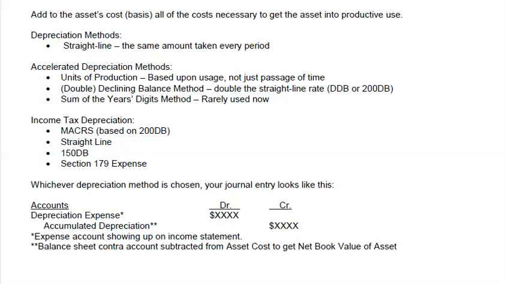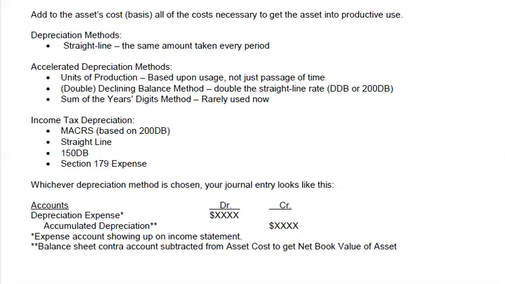It's based on the double declining balance method. You can use straight line for the income tax depreciation. You can use a declining balance method called 150% declining balance that doesn't accelerate it quite as much as the double declining balance method.